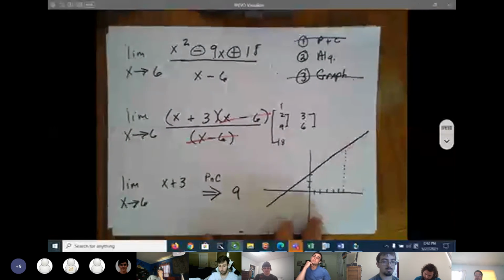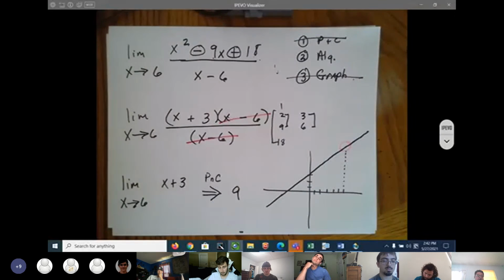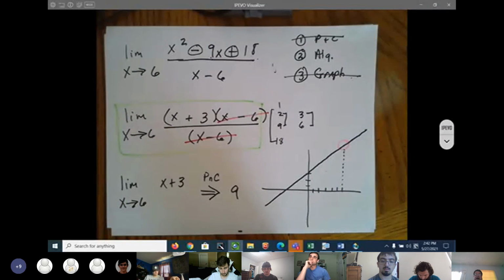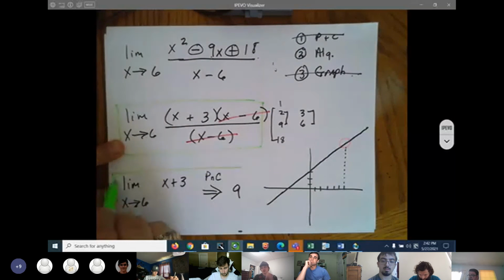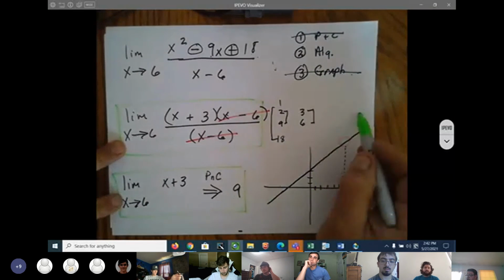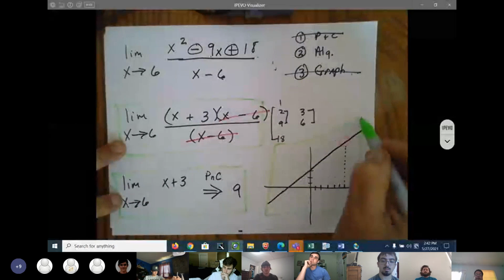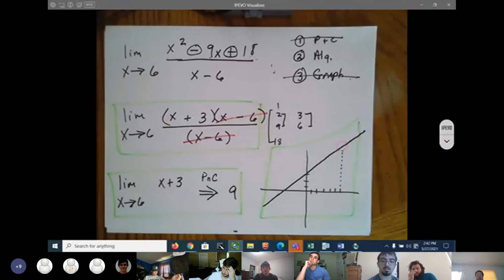So there's 3 test questions here. I'll mark them in green. One test question is right here, doing the algebra to simplify the limit. Another test question is plugging and chugging, and another test question is graph. Those are the 3 things that I will test you on.